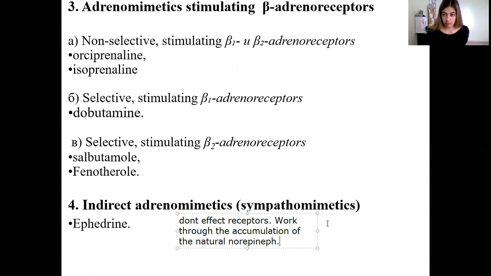So ephedrine is a sympathomimetic drug. It doesn't affect the receptors directly. It just helps our natural norepinephrine to act more. Понятно? So this is the difference. These stimulate receptors directly, and these don't stimulate receptors. They only help norepinephrine to accumulate more.